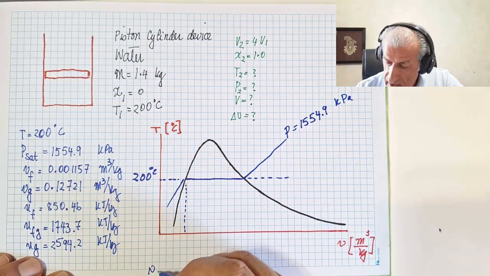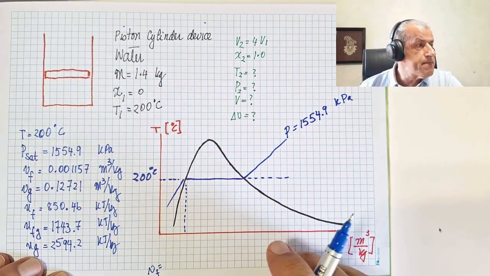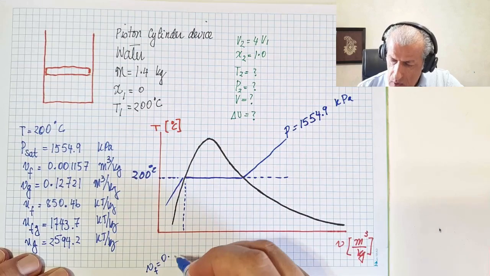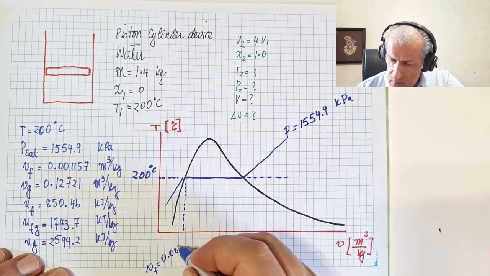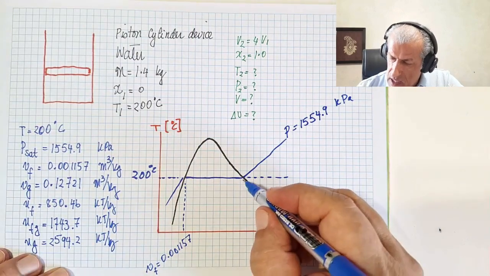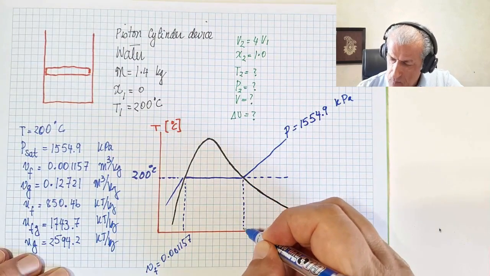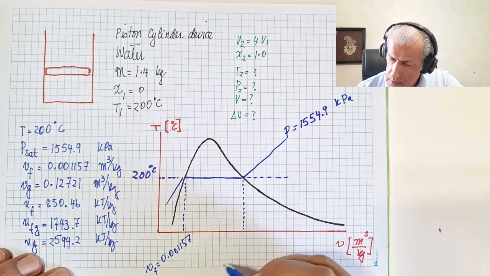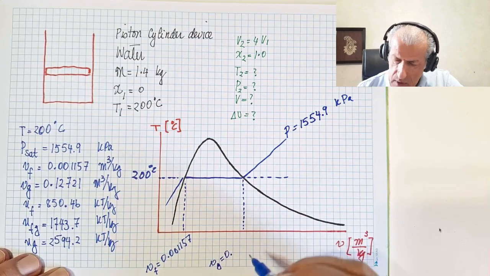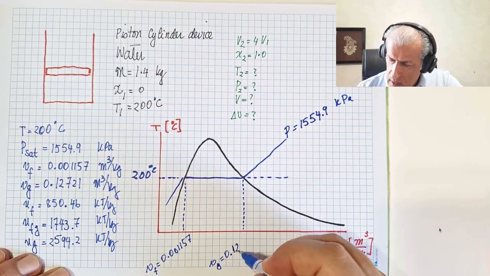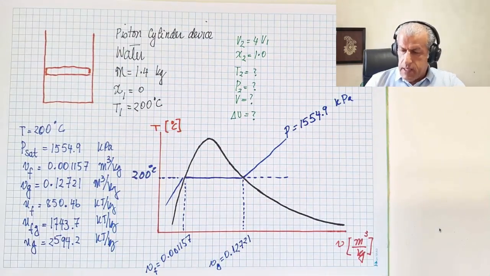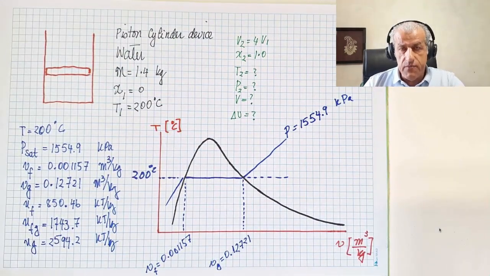Here Vf equals 0.001157, and Vg, which is here, equals 0.12721. These are the values that we have found from the table.